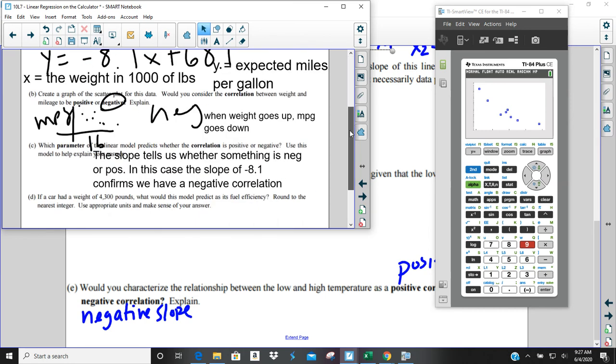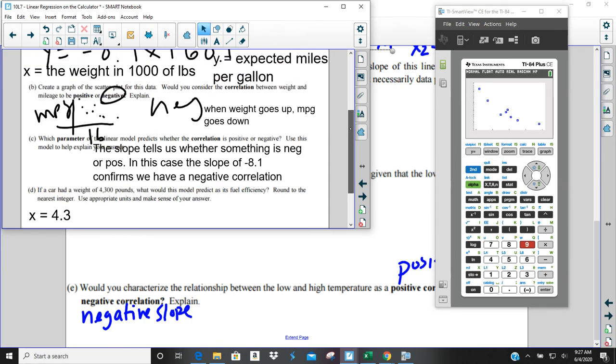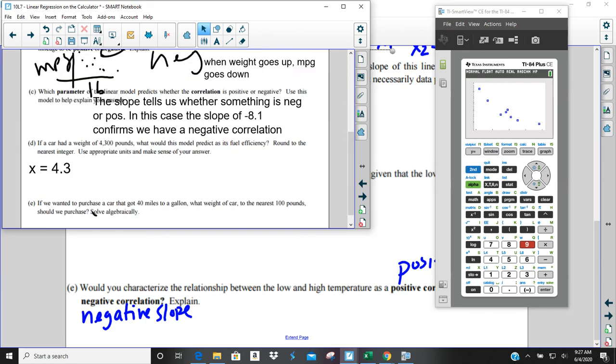So if we're going to say that a car is 4,300 pounds, our x value is going to be 4.3. Let's use that in our equation. Let me write it out. So I'm going to write my equation as y equals negative 8.1 times 4.3 plus 68.1.